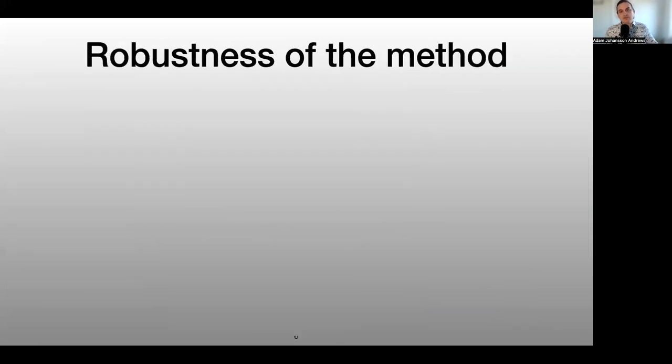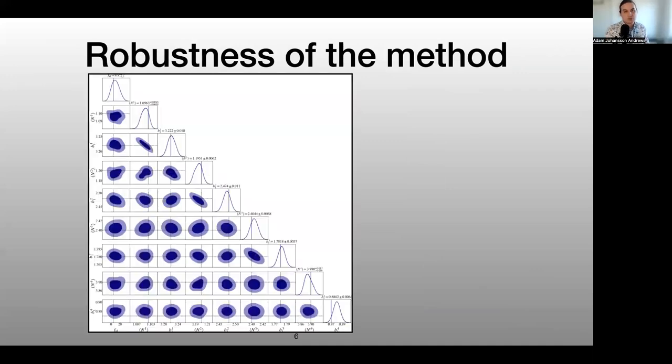First and foremost is the robustness of the method. It's something I mentioned earlier, that we can handle survey systematic effects. Throughout this Markov chain Monte Carlo, we can simultaneously handle bias values and marginalize out bias values while we also sample the FNL parameter. Just to show this, it's not very legible here, the corner plot can be found in the paper itself.